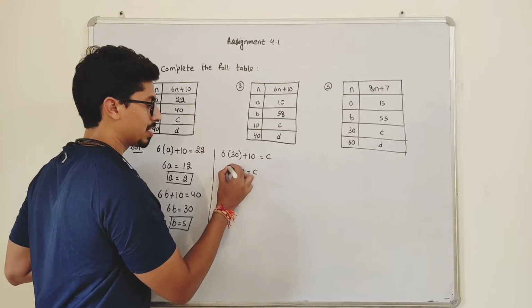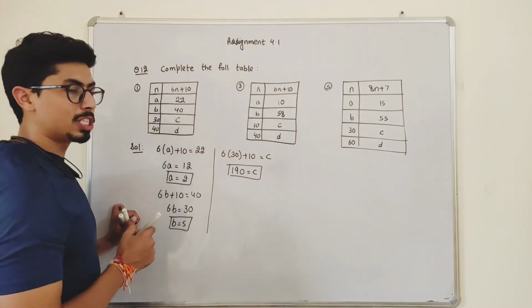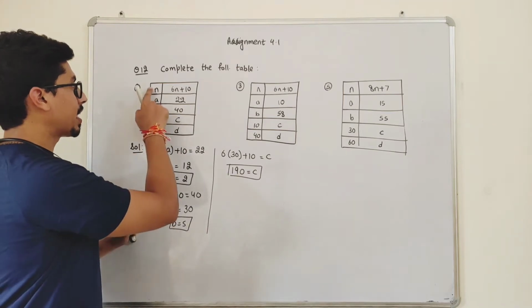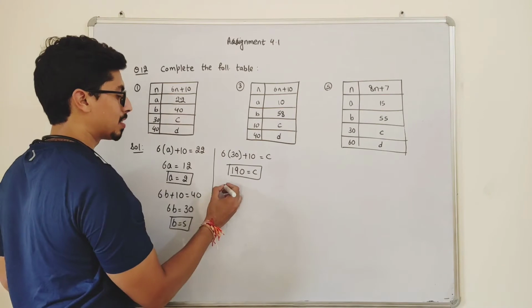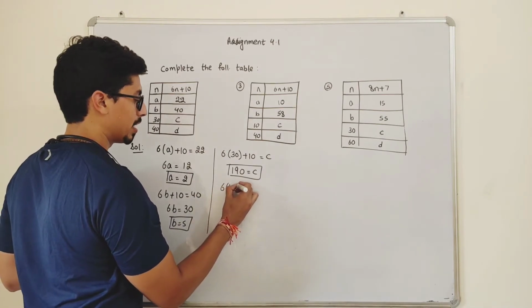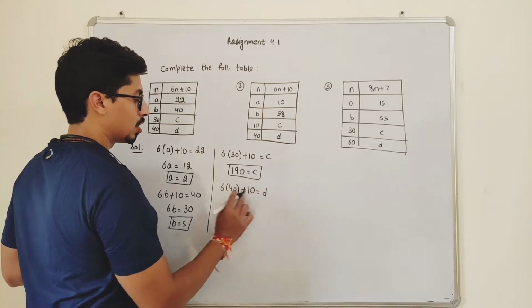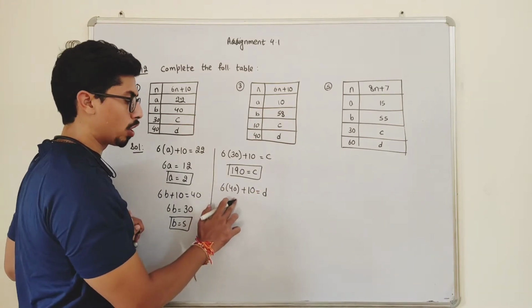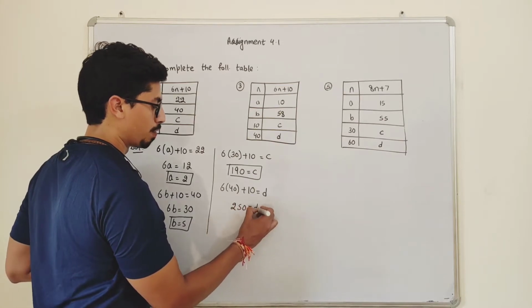So the value of c is 190. Now if I take 40 in place of n, it will be 6 into 40 plus 10 is equal to the value of d. So 6 fours are 24, that will be 240 plus 10, 250. So the answer is 250.